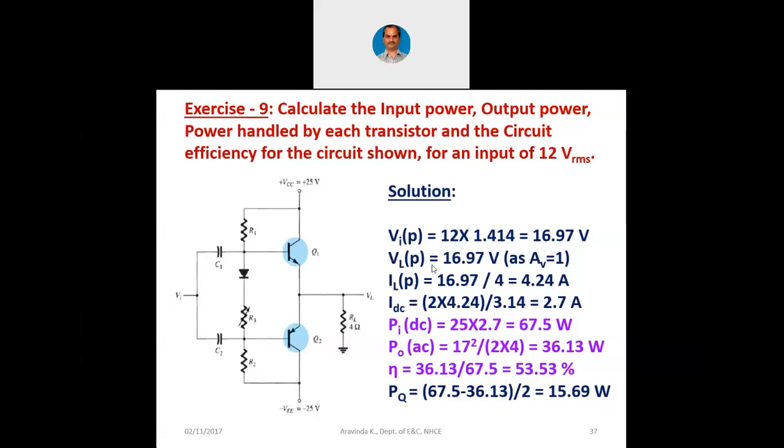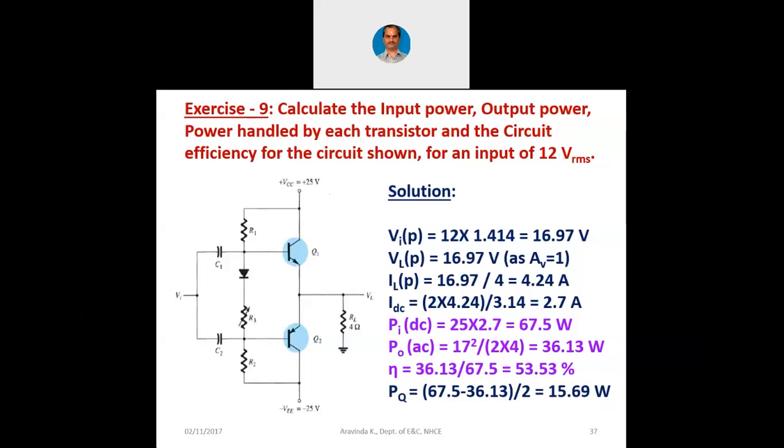So we take the load voltage here as the same as the input voltage. Now if the load voltage is same as the input voltage, you may think what may be the use here? The use is we can pump a larger current. Even though the voltage gain is not there, current gain will be there in this case. And because of the current gain, power gain will be there in this case.